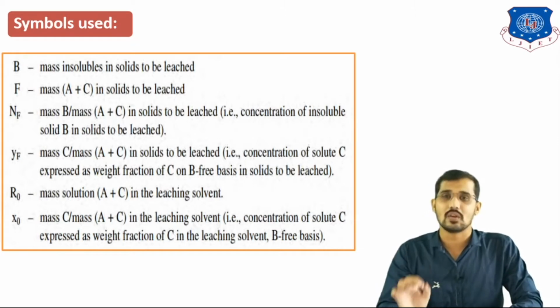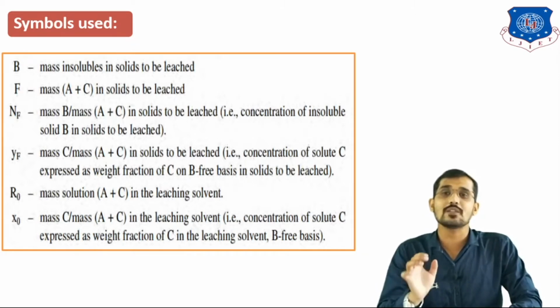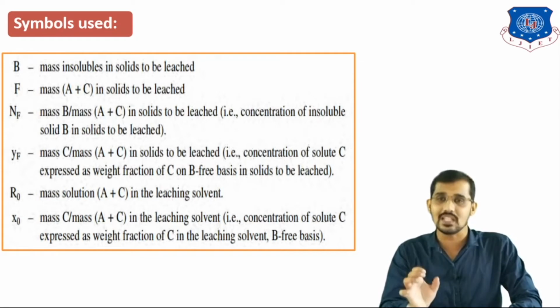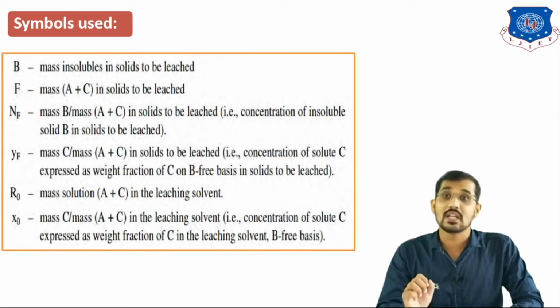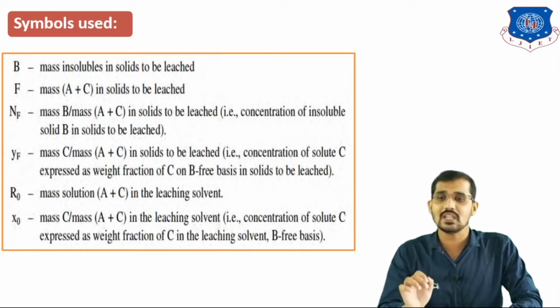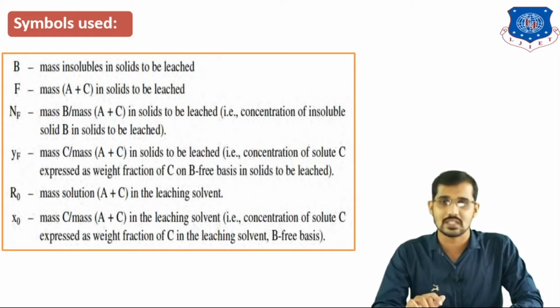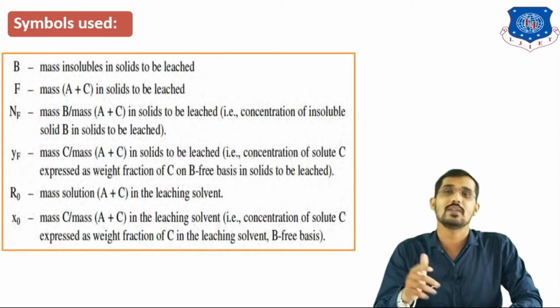After that X naught. X naught is the mass fraction of the solute C in the leaching solvent, given by mass of C divided by mass of A plus C in the leaching solvent. And we are writing this on the insoluble free basis, or component B free basis.